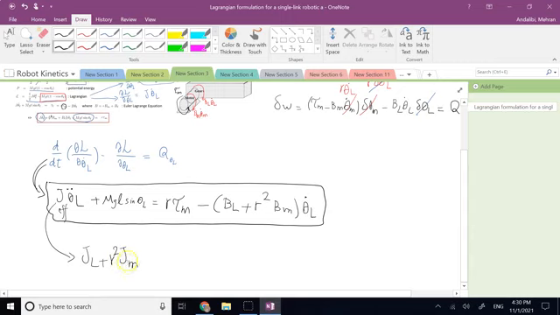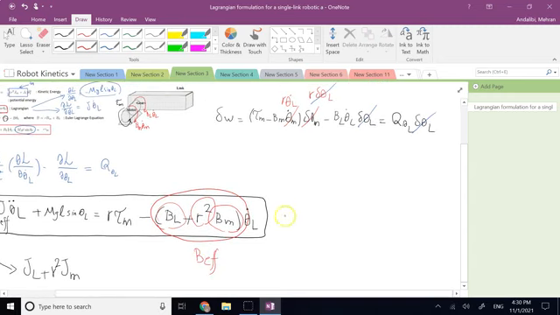If you remember, this J of m, although small, is multiplied by this huge number r squared. And you see a similar effect here, that the viscous friction for the load is added to the one for the motor, but multiplied by r squared. So if you want, you can call this whole thing B effective.